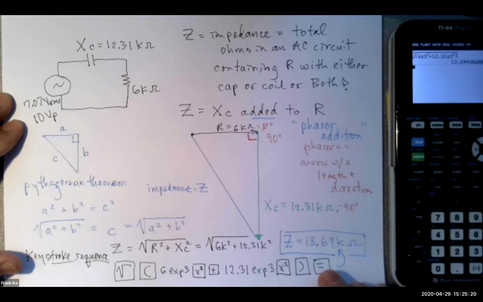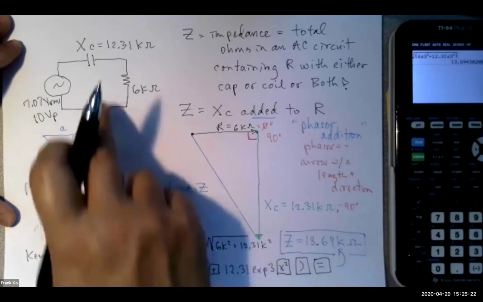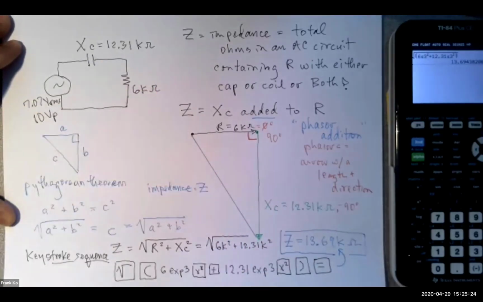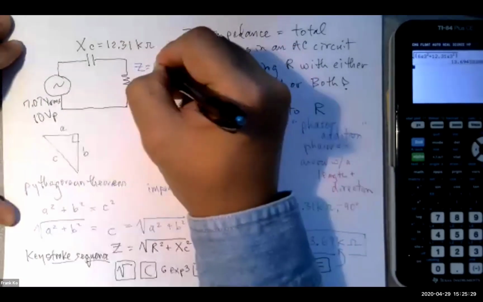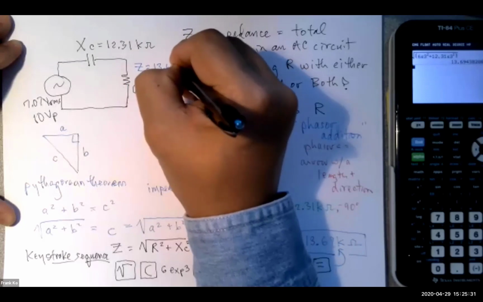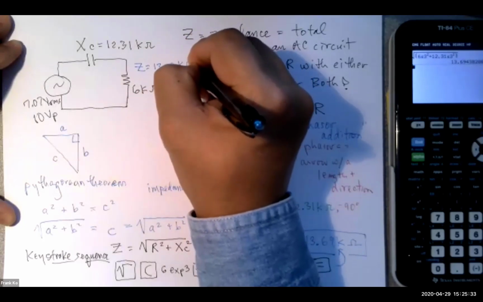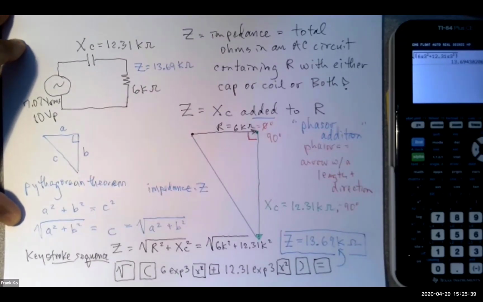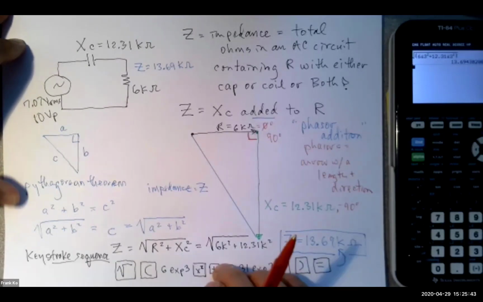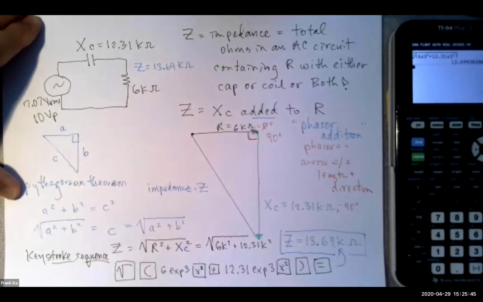If you're able to get those ohms, that is the total ohms for the circuit. So my Z up here, I can now write down Z is equal to 13.69 kilo ohms. Once I have this, can I calculate, please, the amount of current that flows in this circuit?